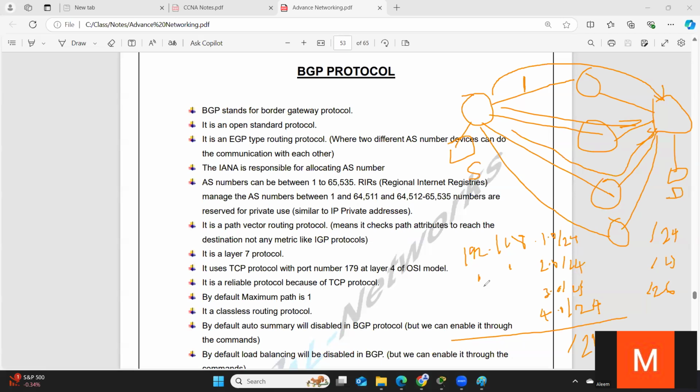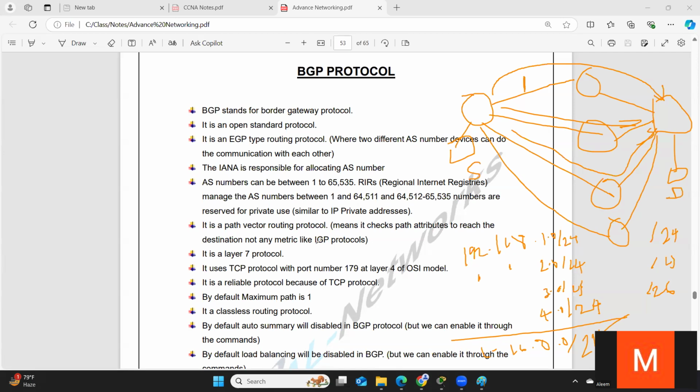If you want, yes, we can enable it. So instead of individual prefixes like 192.168.0.0, only one summarized prefix is visible, and we can summarize our routing table.